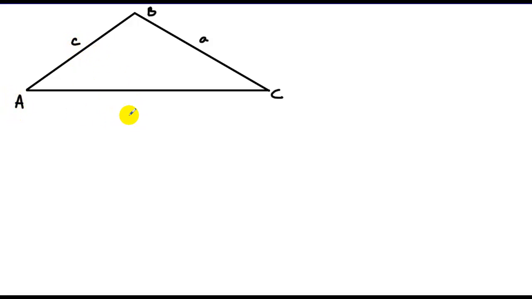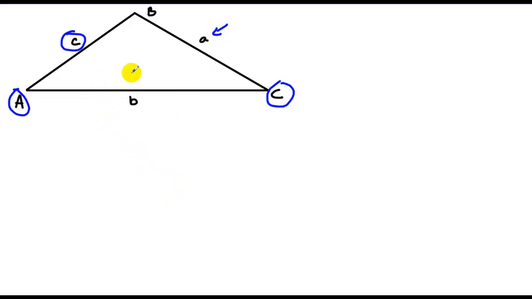So little b and little c. And let's say we're given the following: the angle A, just like in the last problem, the side c, and the angle C. And we're looking to find this side a.